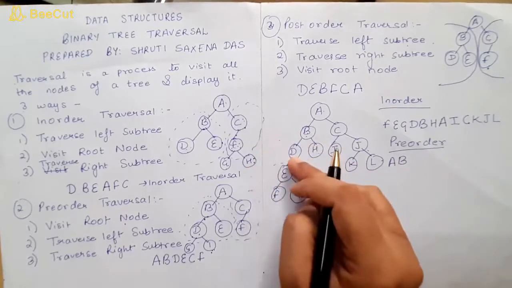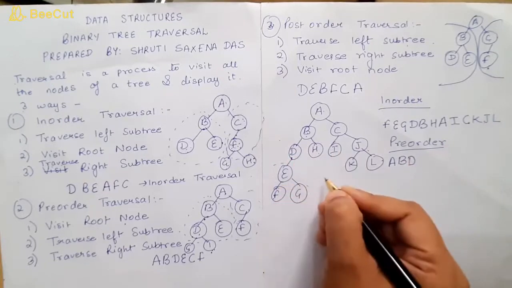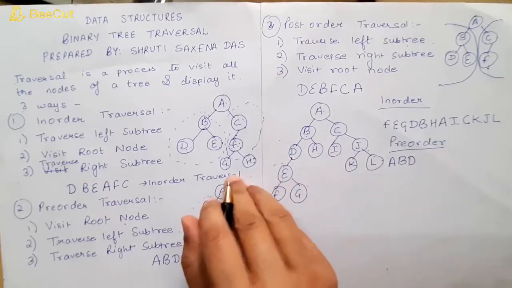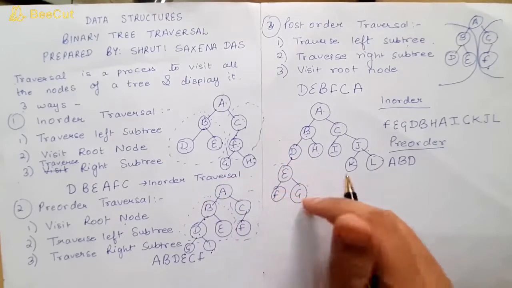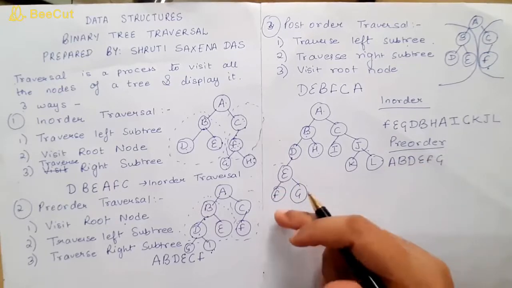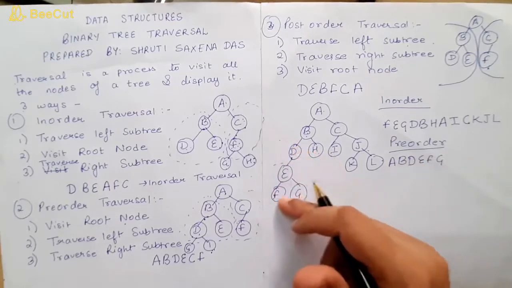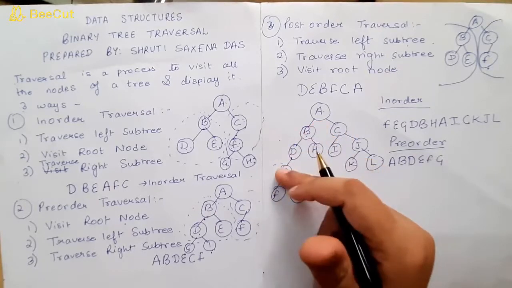So in the left again, D will be the root. So root, left, right. Right, we don't have anything. In the left, we have again a tree. So in this also we'll apply root, left, right. So E, F, G. So we have visited the whole left subtree.